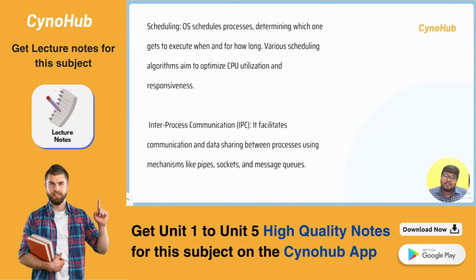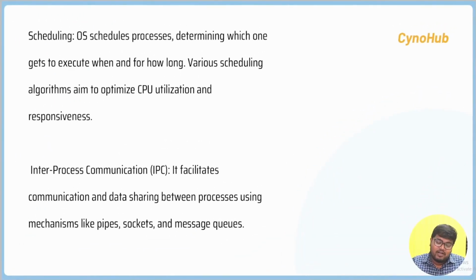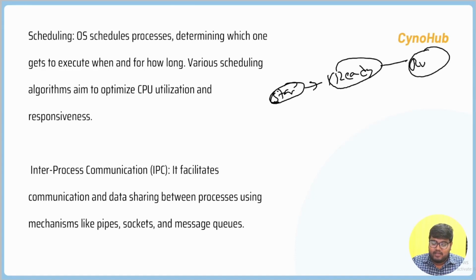See here, scheduling. What is meant by scheduling? You already know about the process states: start, ready and running. Every time you run programs, only one program runs at a time.